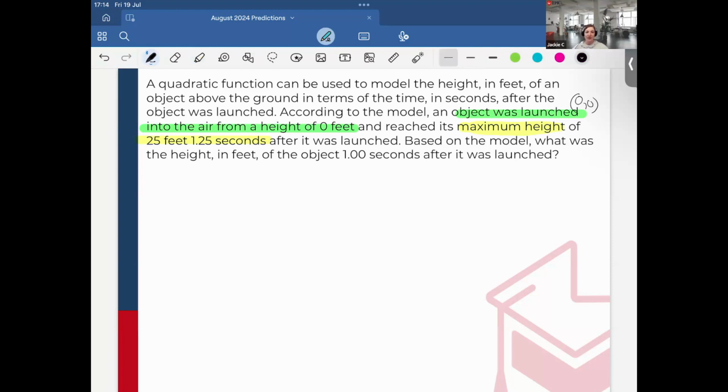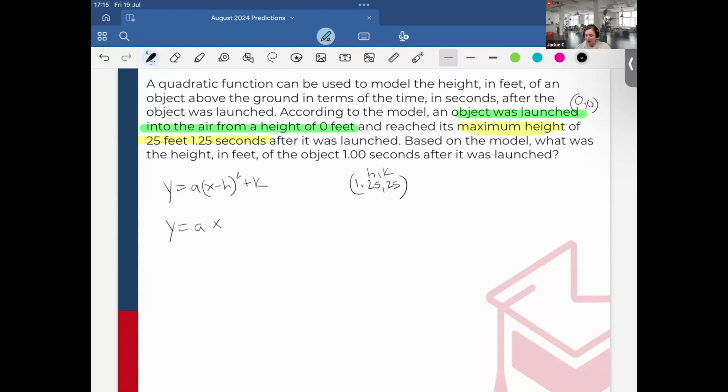Okay, so this is a great one where we can use vertex form. y equals a(x minus h) squared plus k. I'm given the vertex. Whenever I'm given the vertex, think to use vertex form. So my vertex is here, 1.25, 25. Those are my h and k values. So I'm going to go ahead and plug these in.